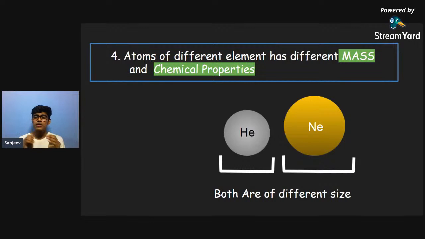Helium is a bit smaller and neon is a bit bigger than helium. So they both are of different size, and with that they will have different mass and also different chemical properties. So this was stated by Dalton in his atomic theory. This was the fourth statement which he gave.